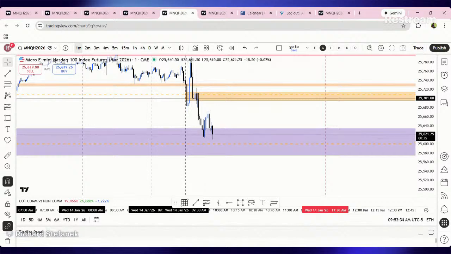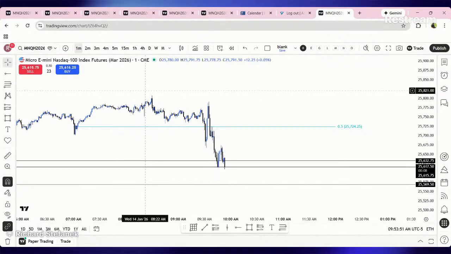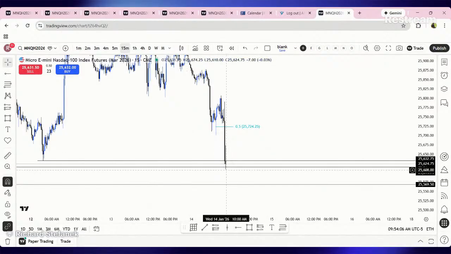Drove through that second low that we had marked right here. Still too shallow of a run for me.